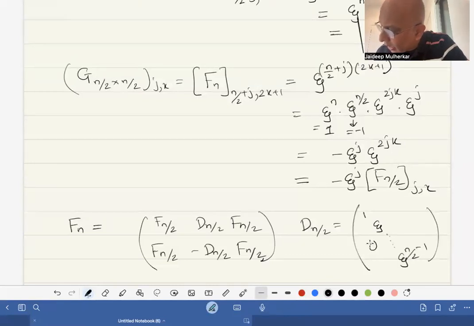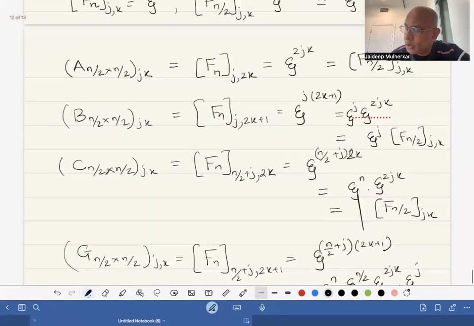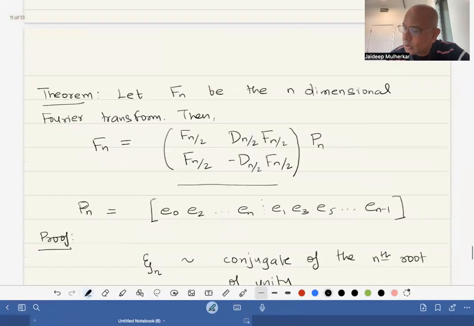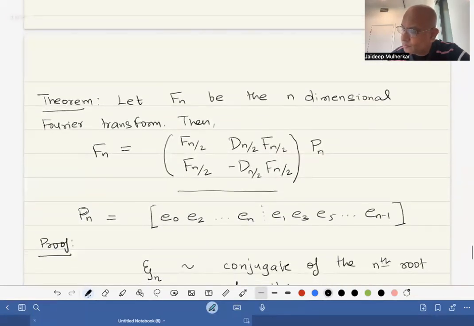This will be a diagonal matrix, right? And of course, this has to be multiplied by Pn, where Pn transpose is this permutation matrix. I think this should be Pn transpose here, right?